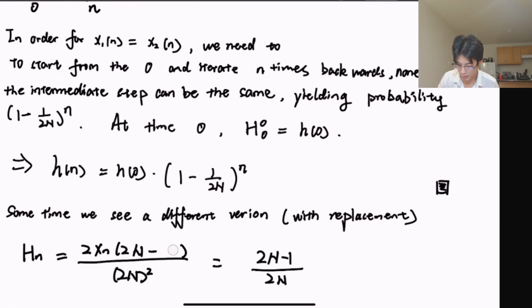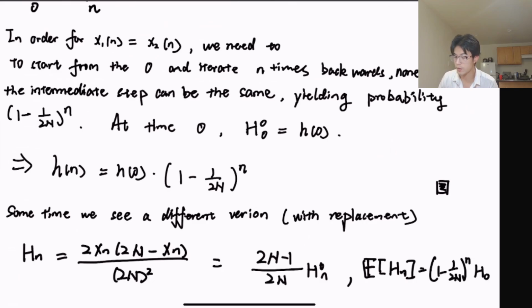Oh, I think this is 2n. Yeah. All right, and this is h0, and the expectation of xn is actually the same.